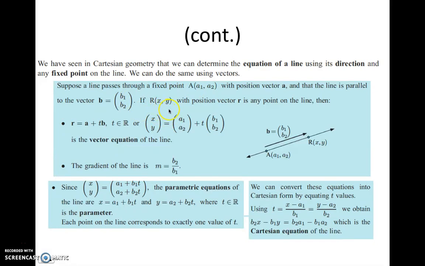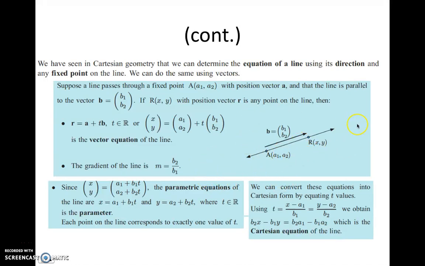If R(x, y) with position vector r is any point on the line, then, remembering the previous slide, r is equal to a plus tb, where t is included in the set of real numbers. In component form, (x, y) is equal to (a1, a2) plus the scalar t times the vector (b1, b2). That is the vector equation of the line, and the gradient of the line is b2 over b1.